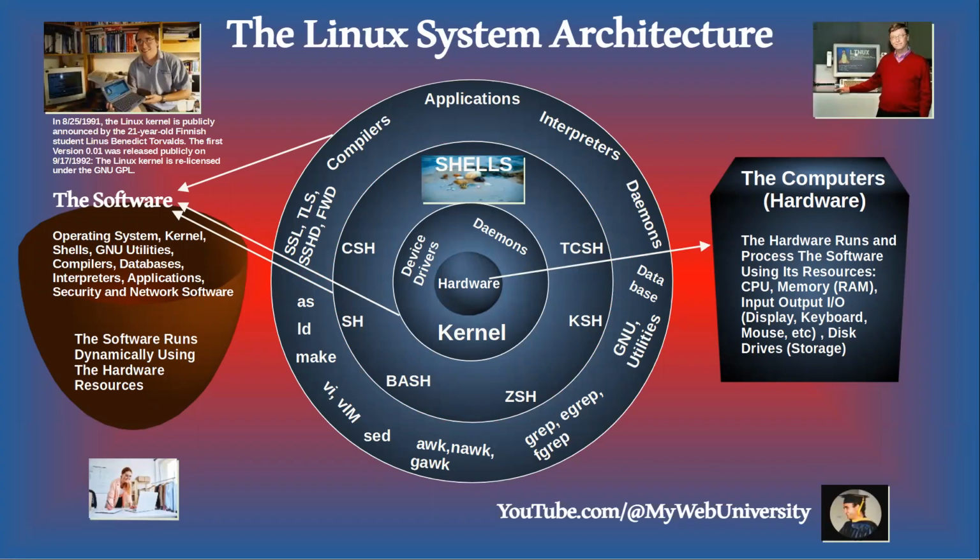The user makes the request through applications, interpreters, compilers, databases, other utilities, and then that request goes to the kernel, either through the shell or directly from the application to the operating system, kernel, daemons, and device drivers.